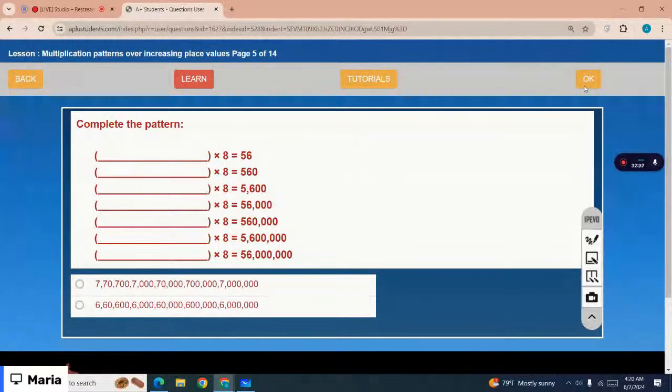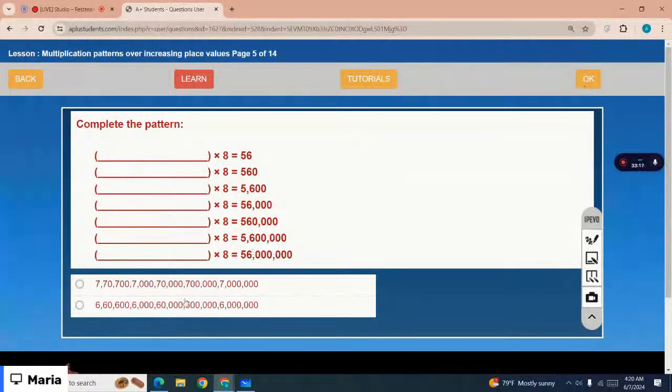8 times what number is 56? Which is the correct option? The correct option is yes, option number 1.